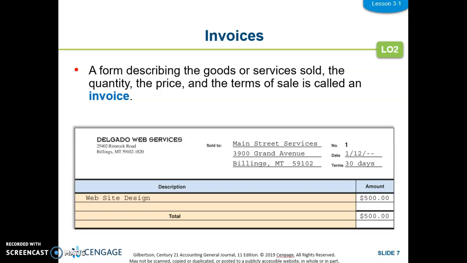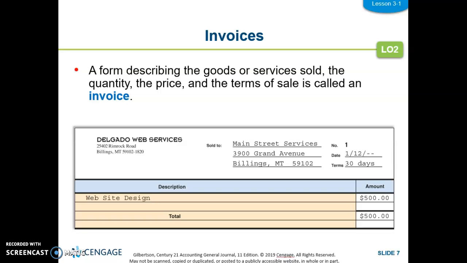An invoice used as a source document for recording sales on account is called a sales invoice. A sales invoice is also referred to as a sales ticket or a sales slip. These need to be prepared in duplicate. The original is given to the customer, and the copy is kept for the business to record this transaction.